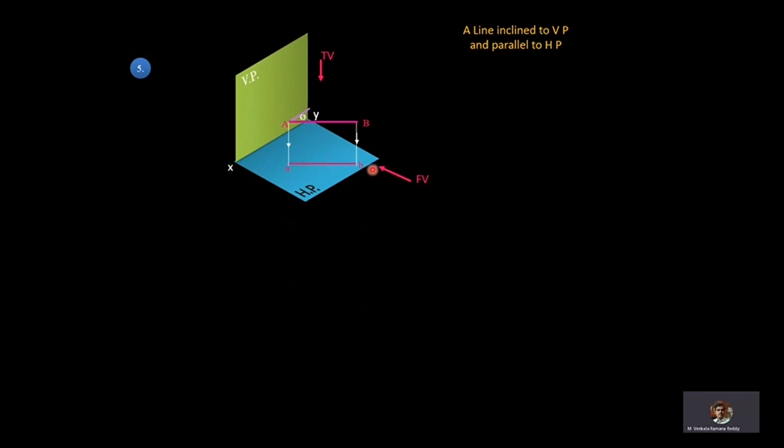A, B. Then in front view, draw the projectors from A as well as B, towards the vertical plane. There you will get A dash as well as B dash.